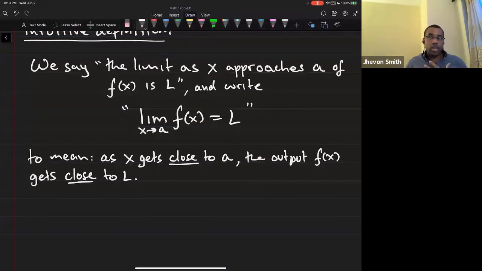So as the x value gets close to the number a, the y value is going to get close to the number L. That's pretty much what it is. When your input is getting close to something and then you're watching what the output gets close to in response to that, you say you're taking a limit, right? You're finding the limit as x approaches a of this function. And pretty much what you're doing is you're watching the y value. How does the y value respond when my x value behaves like this?